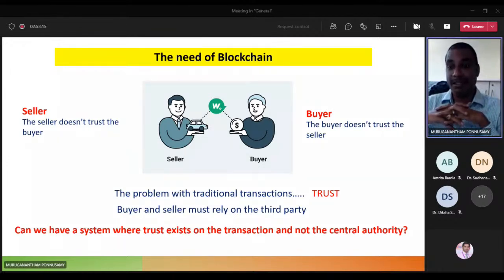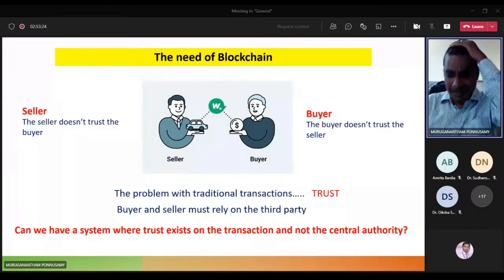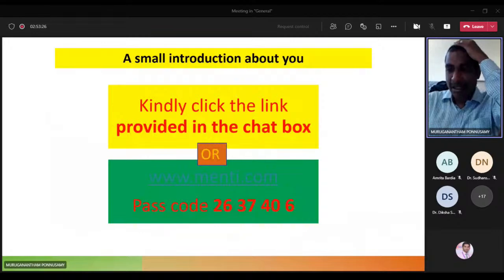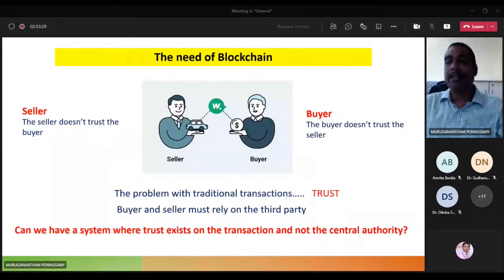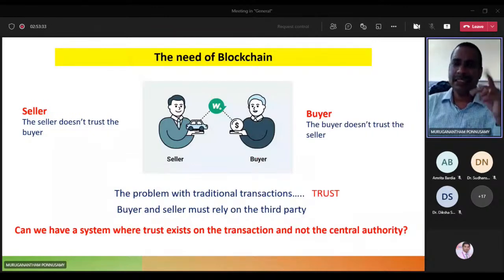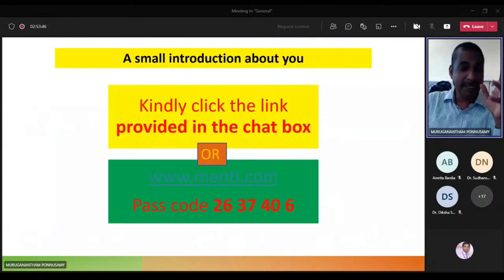The third party is required for the buyer and seller because there is no trust. The problem with traditional transactions is mainly the lack of trust. So in that scenario, can we have a system where trust exists in the transaction and not in a central authority? As I said earlier, there is no central authority, there is no clearing house.